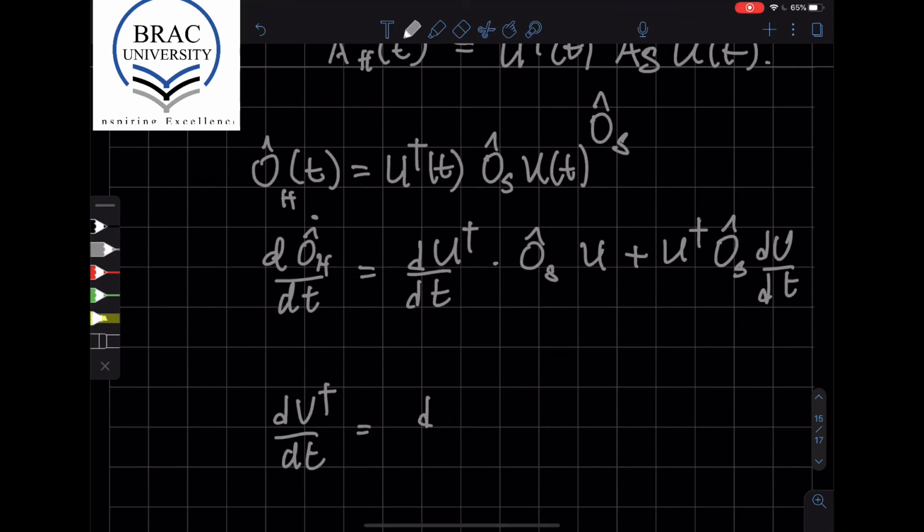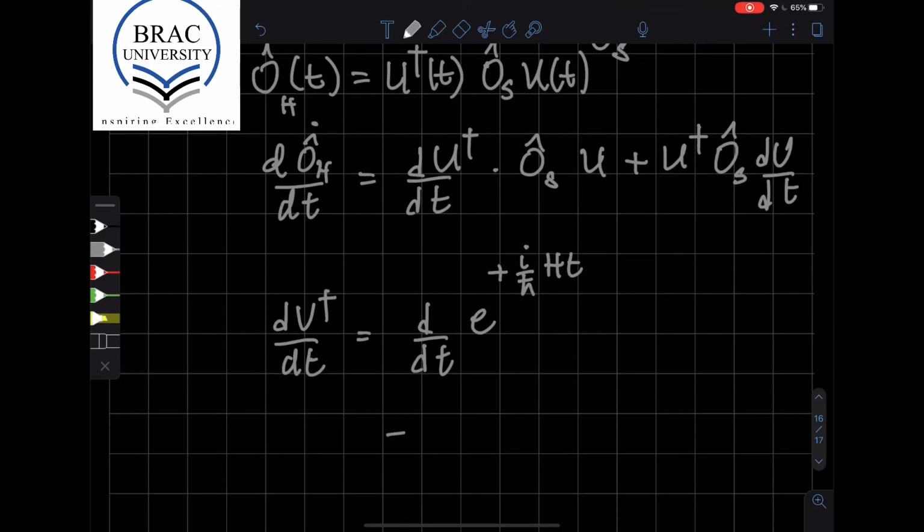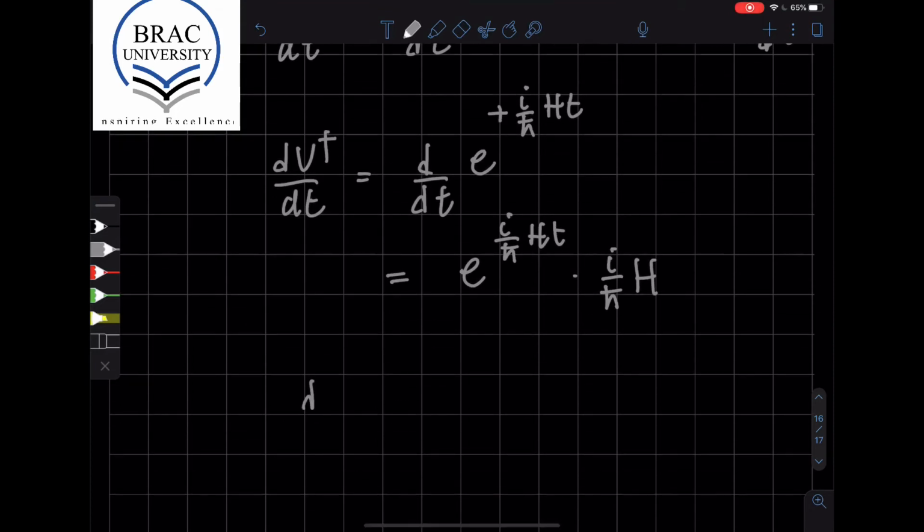Remember, U dagger is nothing but e to the power plus i over h bar H t. And therefore, if I take the derivative of this, what I get is e to the power i over h bar H t, times i over h bar, big H. And similarly, dU/dt can be written as minus i over h bar times H, e to the power minus i over h bar H t.